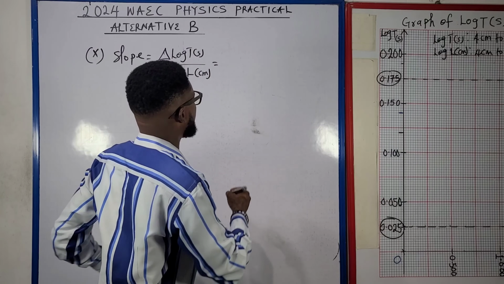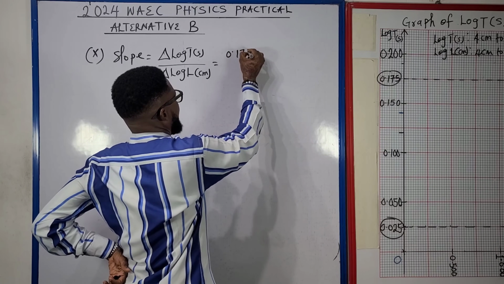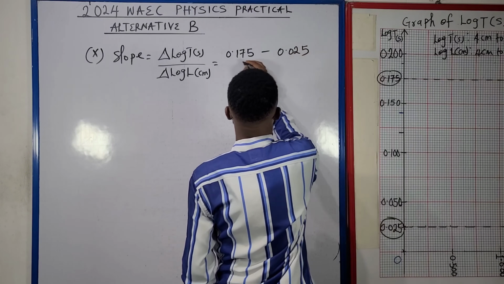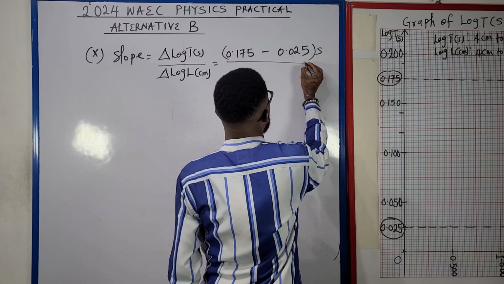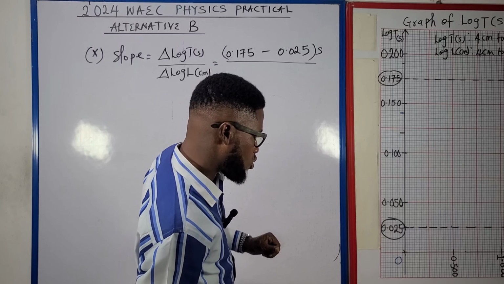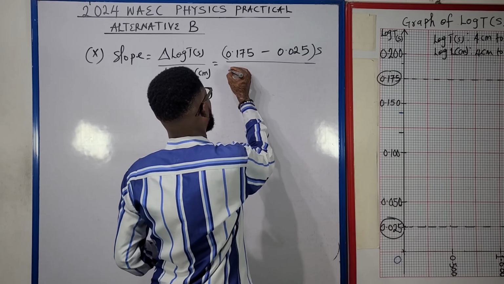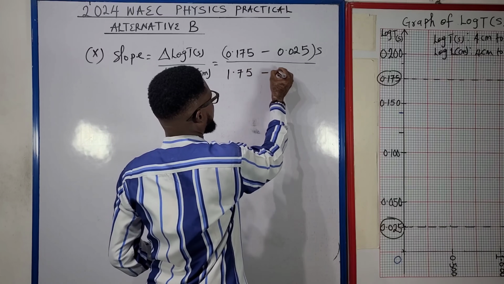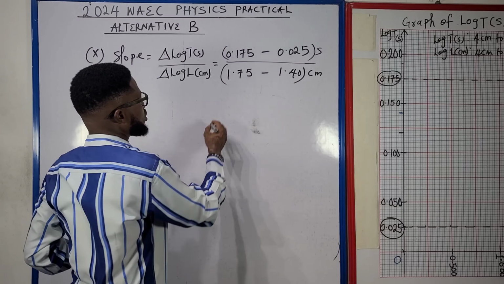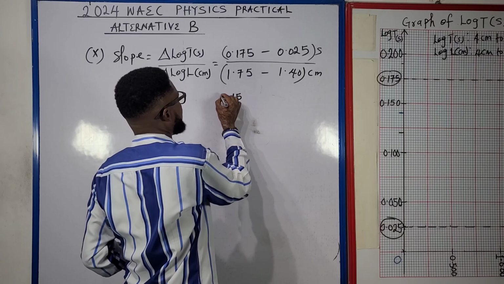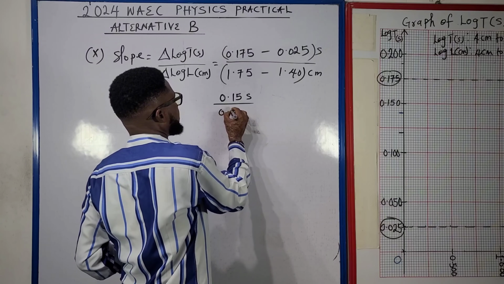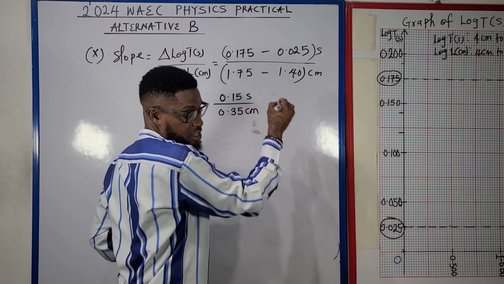Now, the change in log T is 0.175 minus 0.025, in seconds, all divided by that of L. In the case of L, we have 1.75 minus 1.40, all in centimeters. So going by this, we're going to have 0.15 seconds divided by 0.35 centimeters.